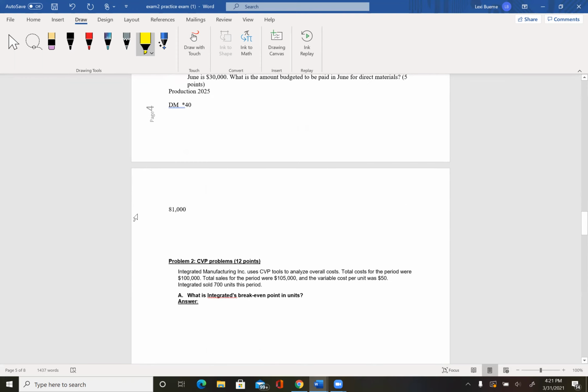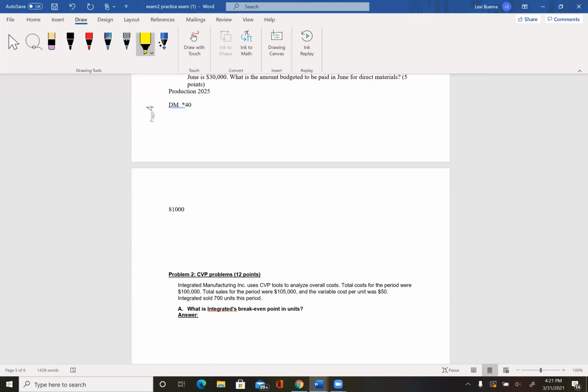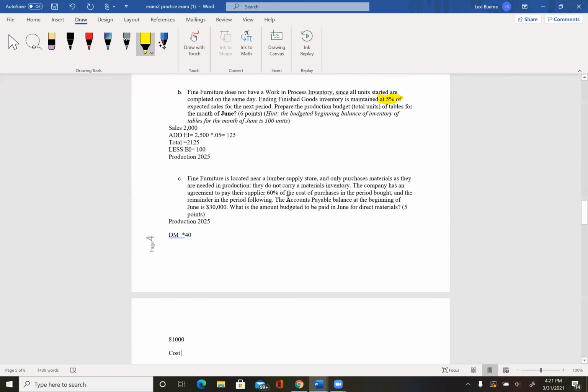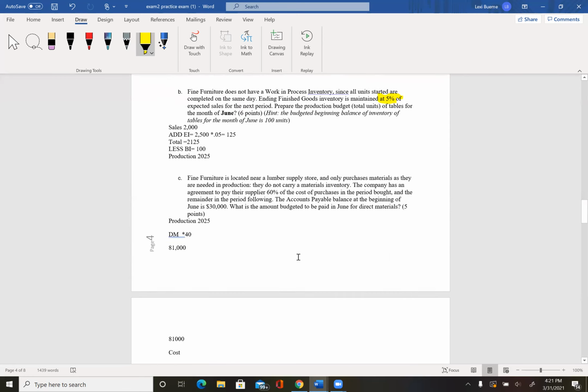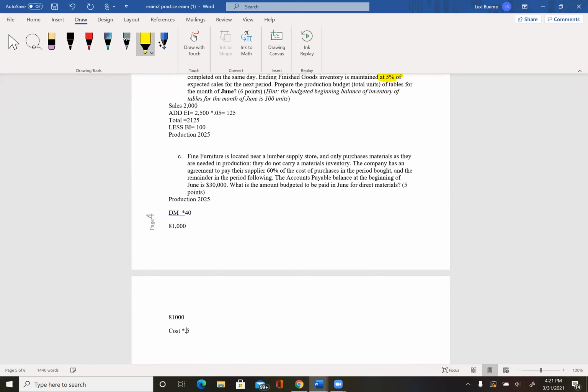Sorry, it gets cut off because of the page. Then you take the cost, which is times 0.5, the feet of lumber per unit. That's where the 0.5 comes from. So the 81,000 times 0.5 gives you 40,500.